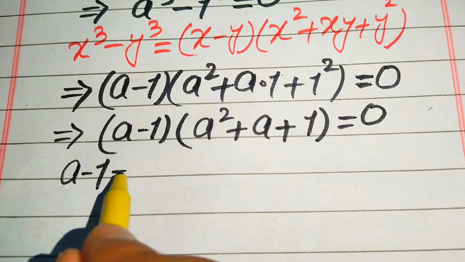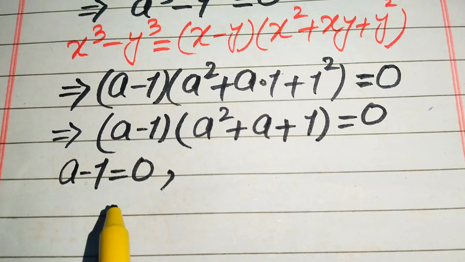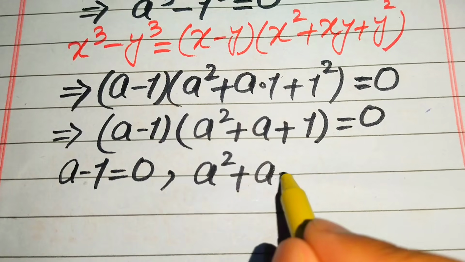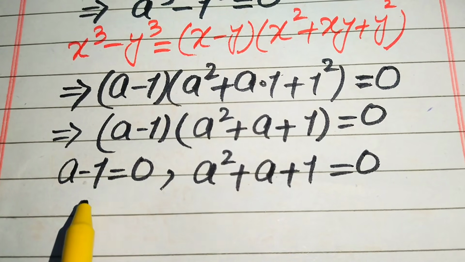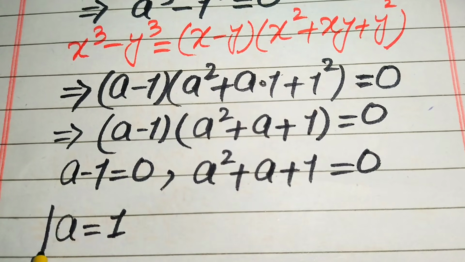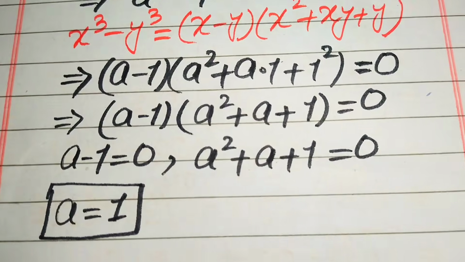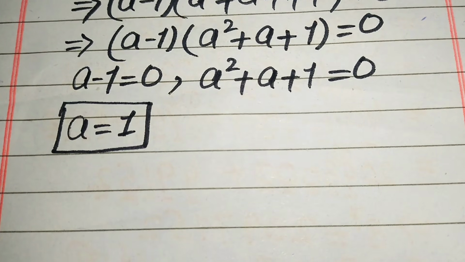The first case is a minus 1 is equal to 0, and the second case is a squared plus a plus 1 is equal to 0. From the first, we move minus 1 to the right-hand side and get a is equal to plus 1. So this is the first real root of the given equation.